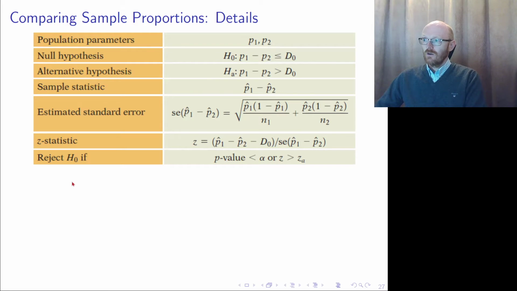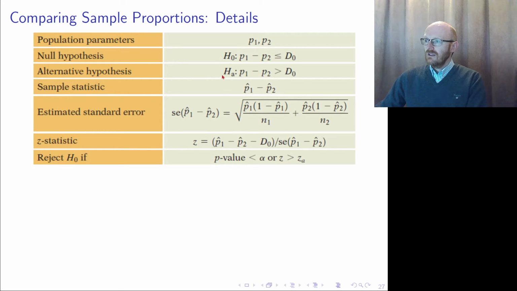So you have the population parameters, which are P1 and P2, and as usual, you are not observing these population parameters. But the hypothesis says something about the unobservable population parameters.